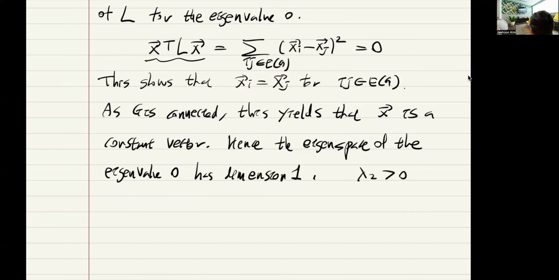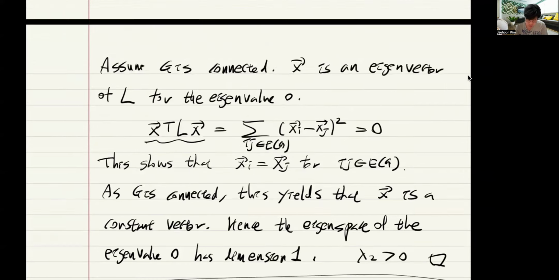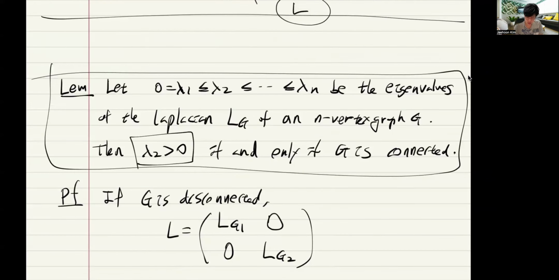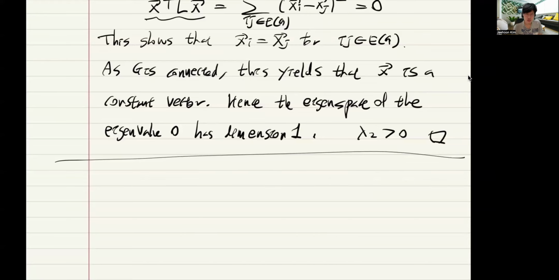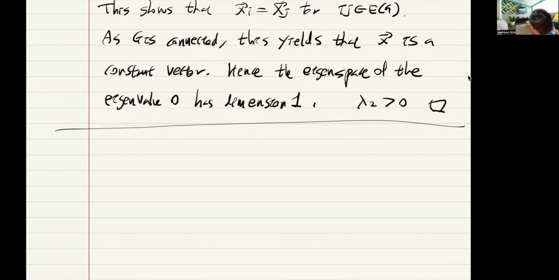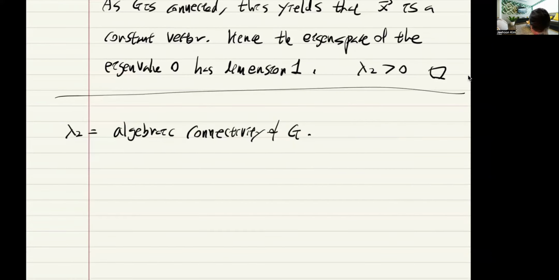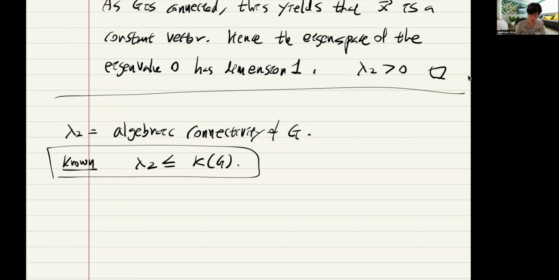That means lambda 2 is bigger than 0. So this lambda 2 tells you whether the graph is connected or not. Due to this, lambda 2 is often called the algebraic connectivity of G. It's also known that lambda 2 is at most the connectivity of G, so this provides a lower bound of the connectivity.